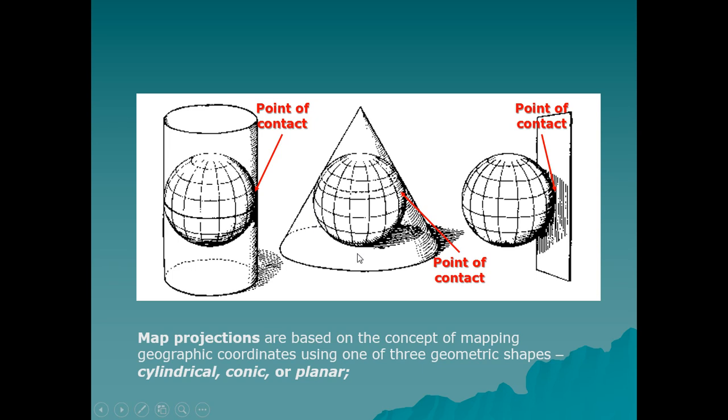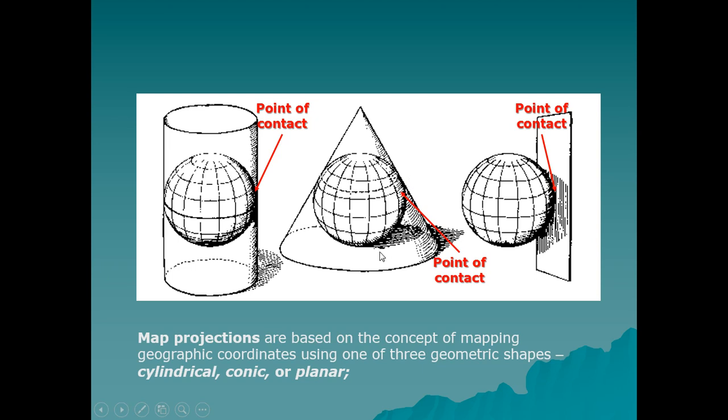Similarly, with the conic, we see that we have a different projection system being used. So now we have a cone. Just bear in mind, the cone could be fitted from above, that's in the northern hemisphere, or it can be done from below in the southern hemisphere. Our point of contact, if you follow with the arrow, seems to be in the northern hemisphere, typically along your mid latitudes.